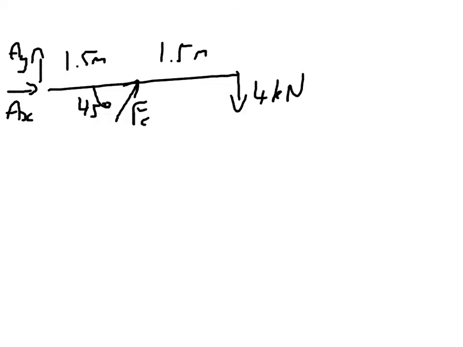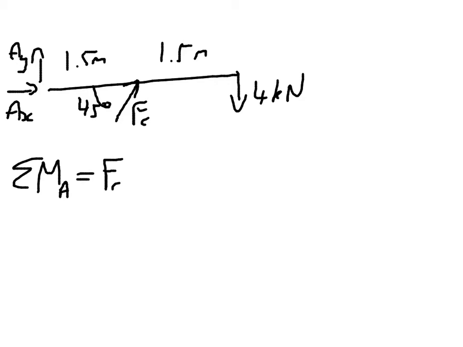So now we can start to solve that using our equations of equilibrium. So the sum of the moments, and we'll take moments about point A, and we've chosen point A because we've got two unknown forces at point A. We've got AX and AY. So if we take moments about point A, we can ignore both of those.